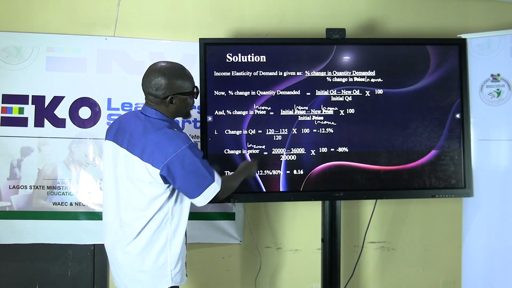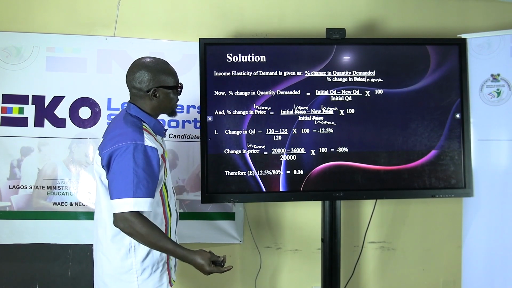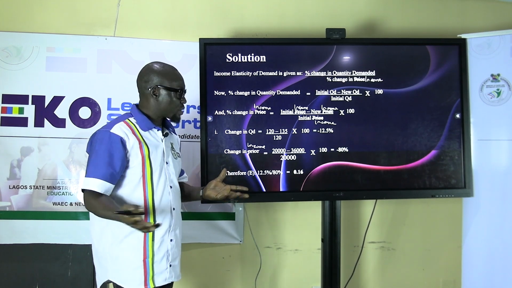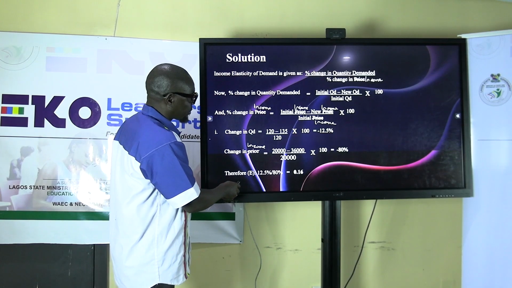Instead of having income in our formula, we'll be having price. If it was cross price elasticity too, the difference in the table will be that we'll have two different products, and we'll see those examples as we go on.